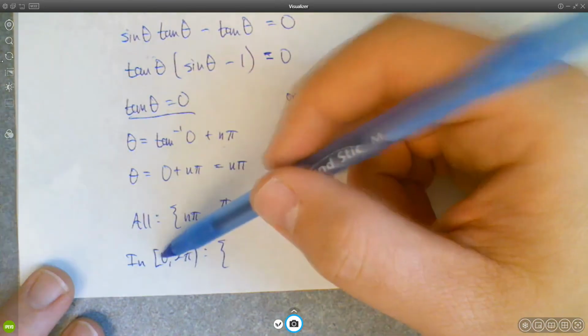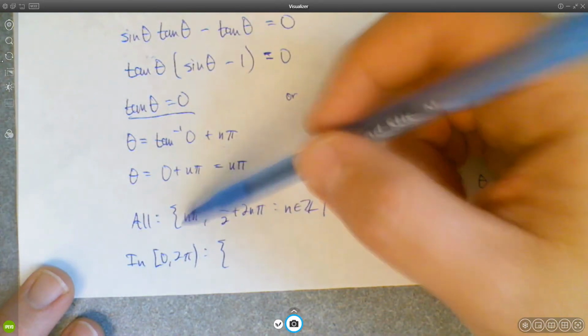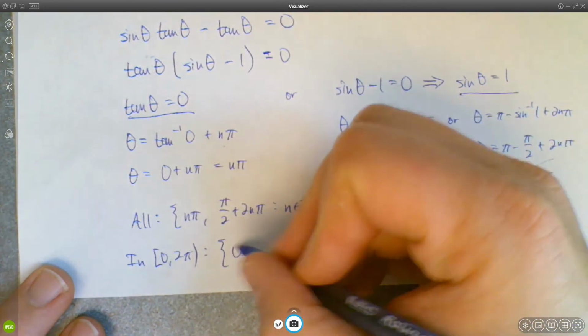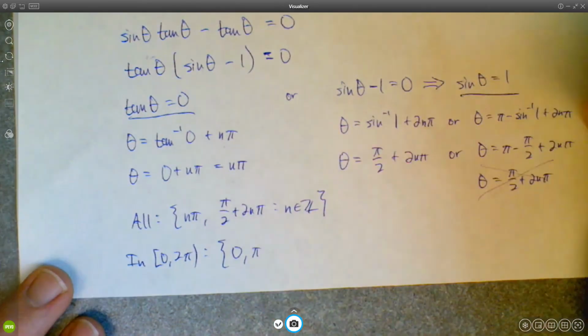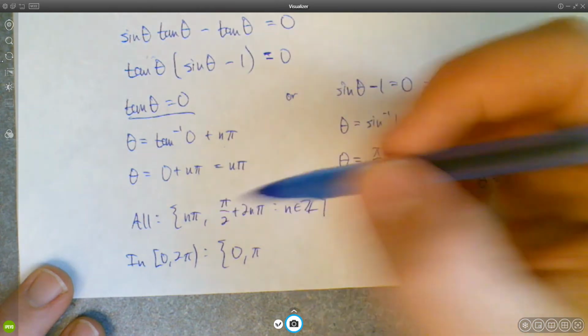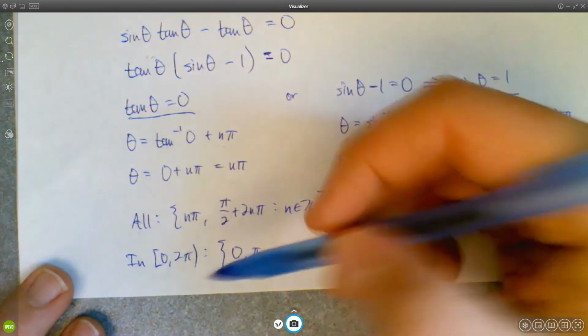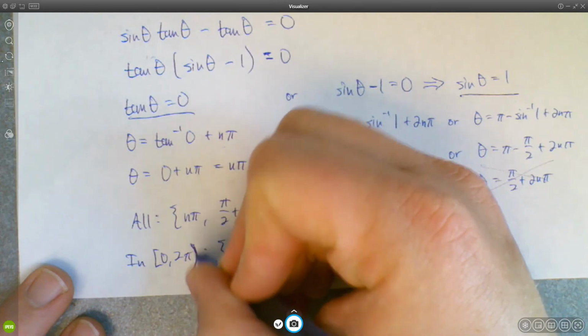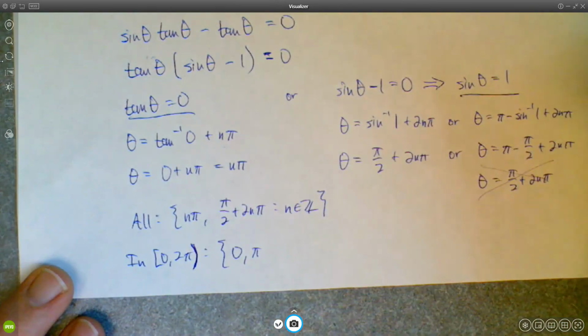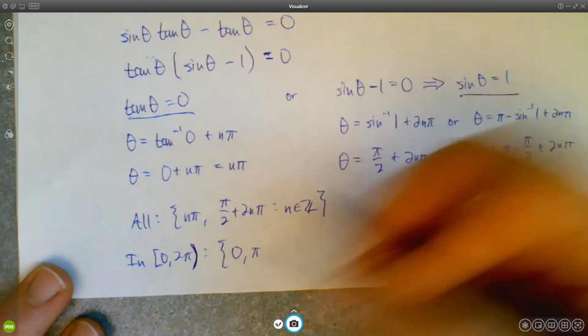That's too small, right? If I plug in 0 for n, I get 0. That's in the interval. If I plug in 1 for n, I get pi. That's also in the interval. And if I plug in 2 for n, I get 2 pi. That's not in the interval, right? Because this parenthesis indicates that you can have any angle up to 2 pi, just not including 2 pi. So 2 pi is not going to be in here.